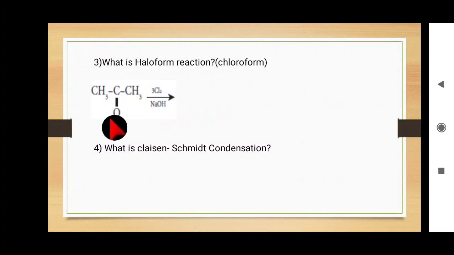Initially we take the reactant acetone. Acetone, containing the C double bond O group, when treated with halogen and alkali, sodium hydroxide, gives the corresponding haloform. The halogen we take is chlorine, with the alkali sodium hydroxide.